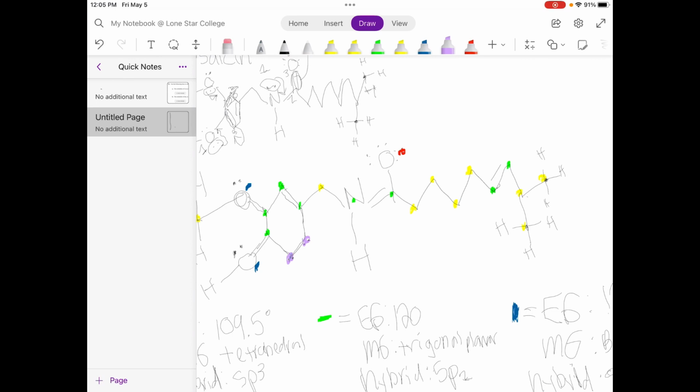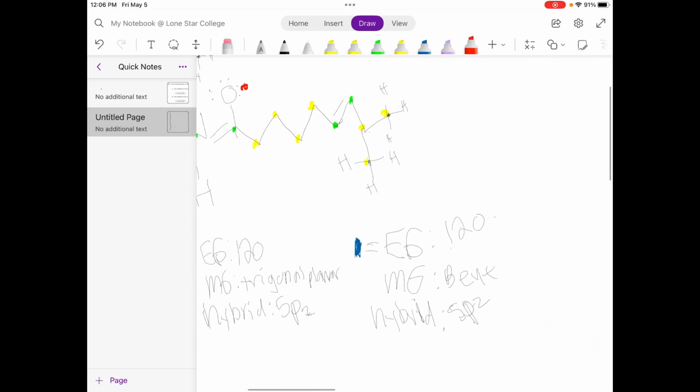Two shared atoms, one lone pair. So that's bent or angular. Wait, what? I think I'm getting something wrong here. Let me skip that one for now.